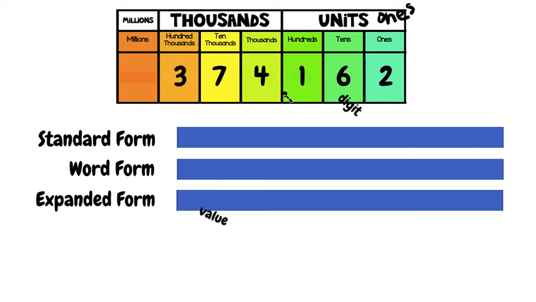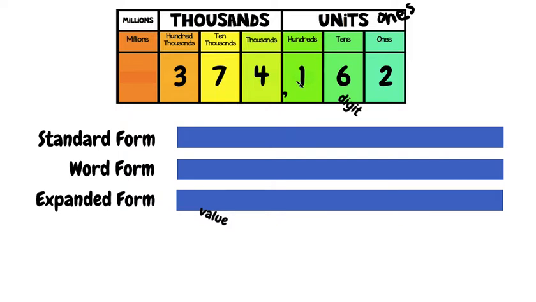Now, when I come to a comma, that is my indicator or my signal that I'm going to state or say out loud the period that I am leaving. So what period am I leaving? I'm leaving the thousands period. So I'm going to say the word thousands before I start reading the next period. So I have 374,000, because that comma tells me I have to say the word thousand, and then I'm going to read my last 3 digits.